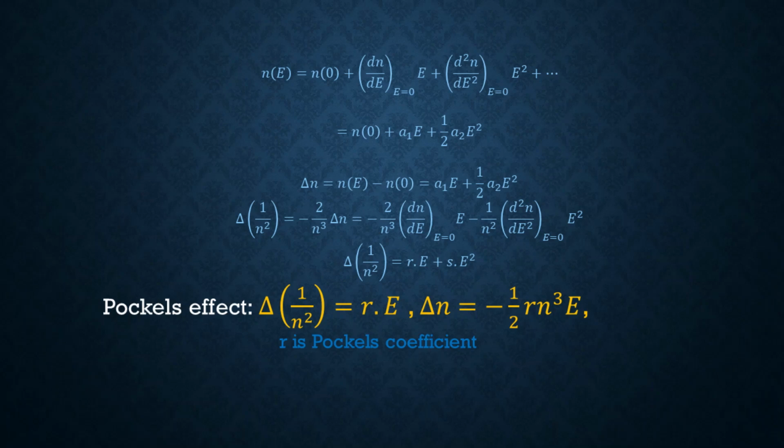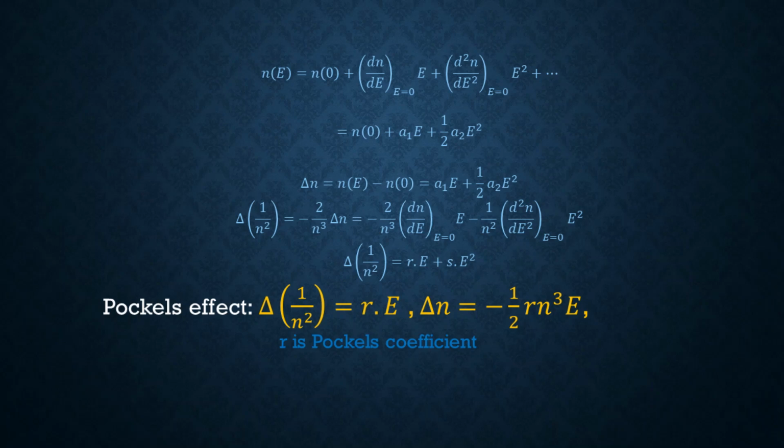So we got delta n equal to n(E) minus n0, is equal to dn/dE at E equal to 0 times E plus half d2n/dE2 at E equal to 0 times E square. Now delta of 1 by n square, we can say that it is minus 2 by n cube into delta n.